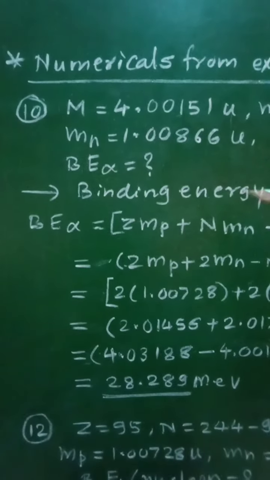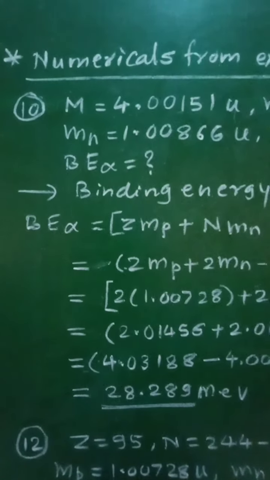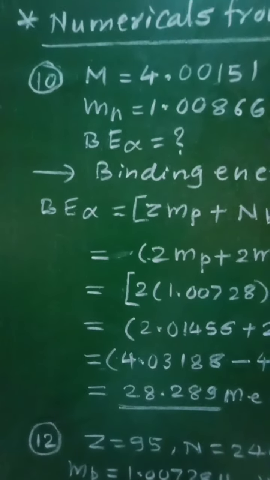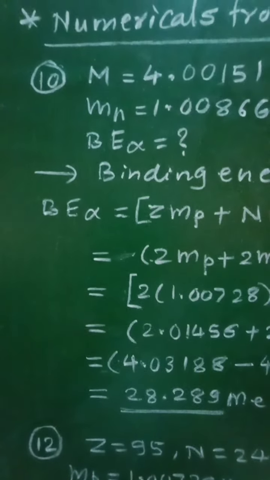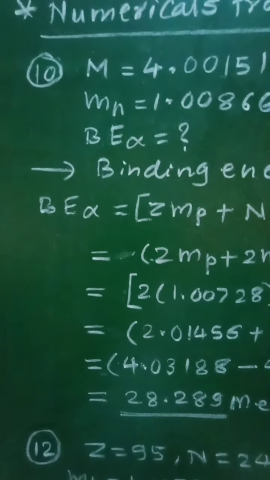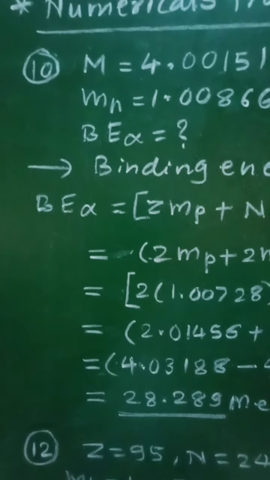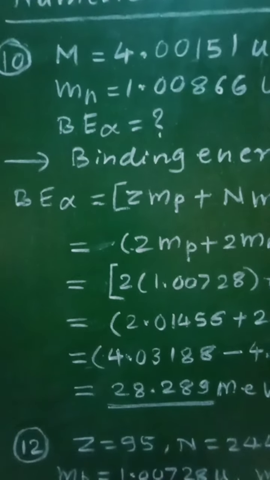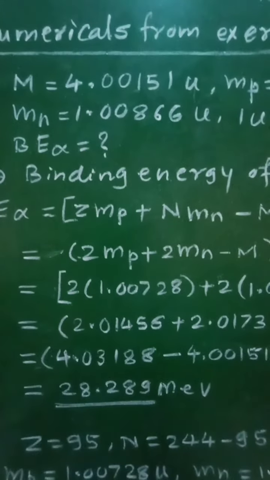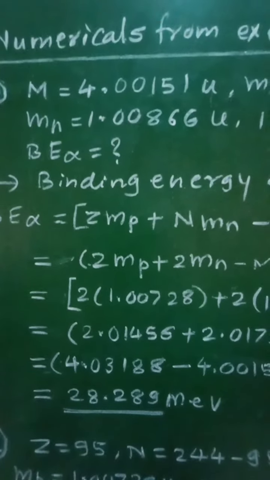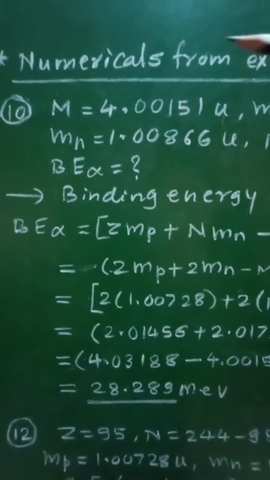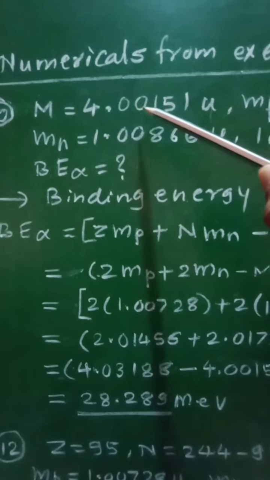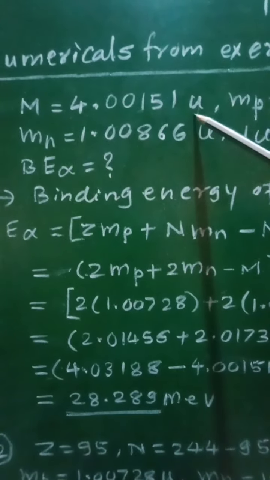First of all, let us see numerical number 10, which is given as: calculate the binding energy of an alpha particle given its mass to be 4.00151 u. So, in terms of atomic mass unit, that mass is given, and therefore the given data is mass m is equal to 4.00151 u.